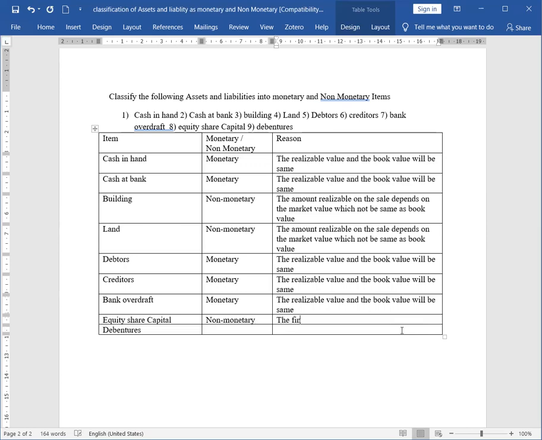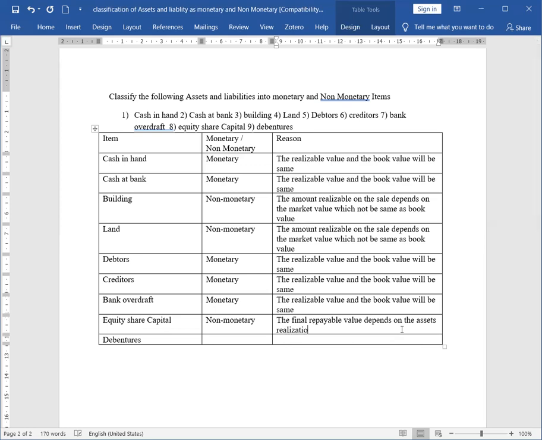Because the final repayable value always depends on the assets and liabilities settlement after that. So it depends on asset realization and the settlement of liabilities. That's why it is non-monetary, hence it may not be the same as the book value.